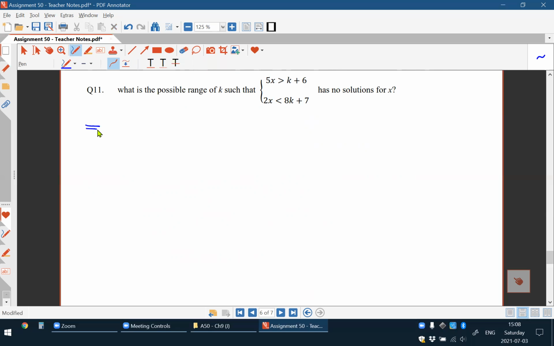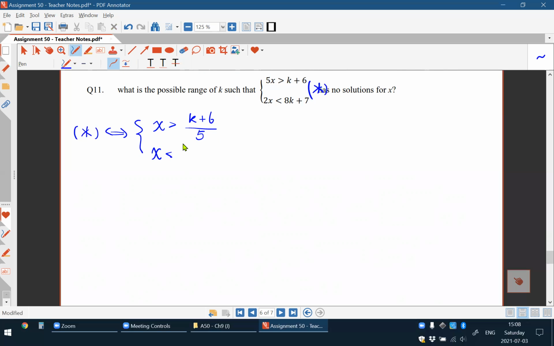So the original system, let's call it star, is equivalent to, first of all, dividing both sides of the first inequality by 5. This means x is larger than k plus 6 over 5. For the second, we can divide both sides by 2. Remember that 2 is positive, so it doesn't change the direction of the inequality symbol.